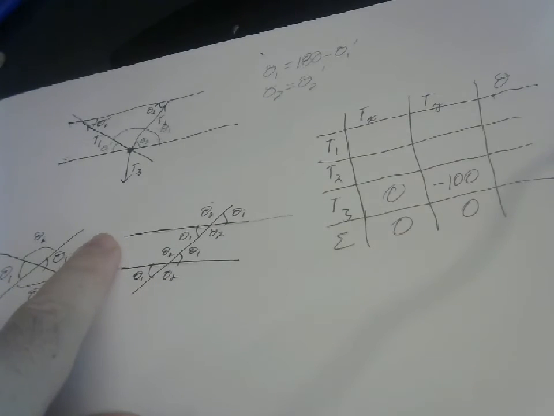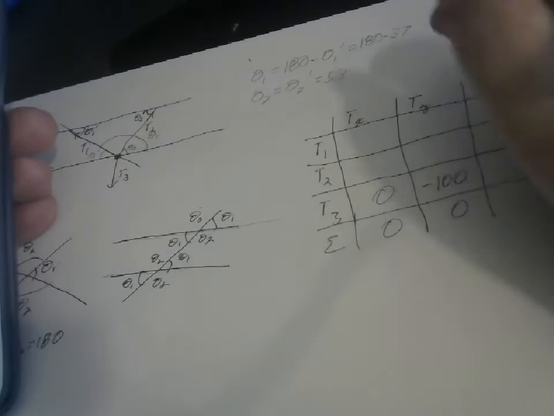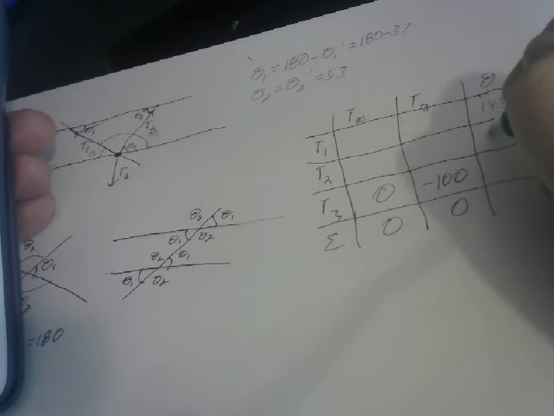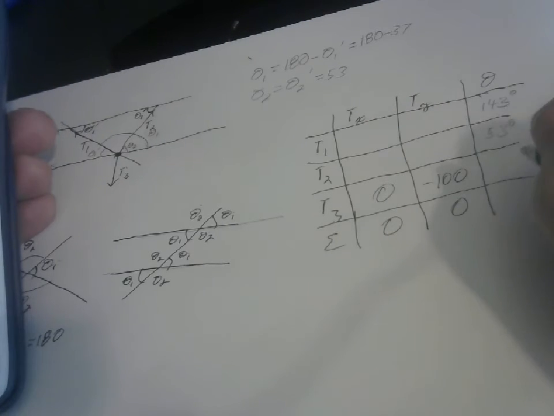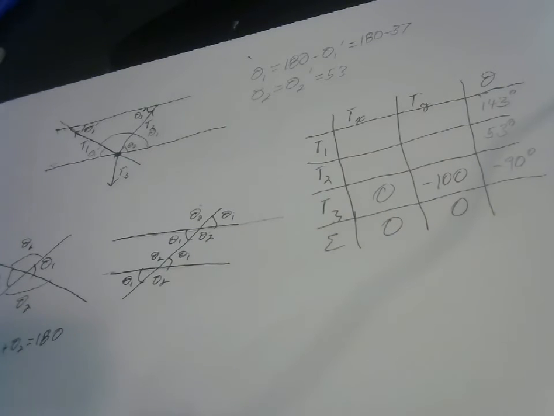I'll come back to the problem again and remind myself what theta 2 prime and theta 1 prime were, 37 and 53. So this is 143 degrees for T1 and 53 degrees for T2. And if we want, we can put in negative 90 degrees for T3 because it is going straight down.